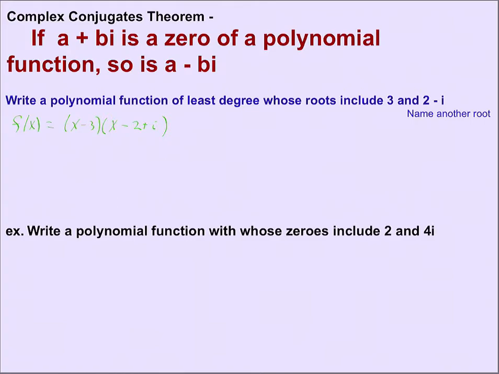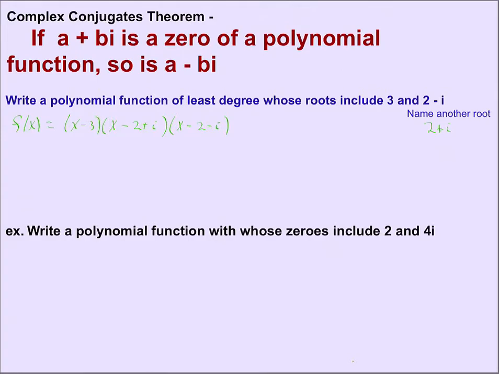But that doesn't even really matter all that much because of the complex conjugates theorem. If 2 minus i is a root, so is 2 plus i, which means x minus 2 plus i. It doesn't really matter which one I used a plus, which one I used a minus. There's going to be one of each.